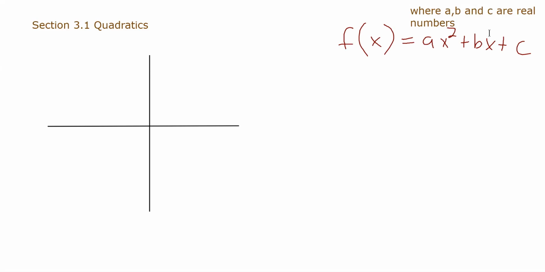These are the coefficients of it. Now that means they could be 0. If c was 0, you wouldn't even see a constant here, but it's still there in spirit as 0. What makes this a quadratic is that the leading term is x squared and nothing else behaves poorly. There's no square root of x. That completely screws everything up. That destroys it. So it's a second degree polynomial.